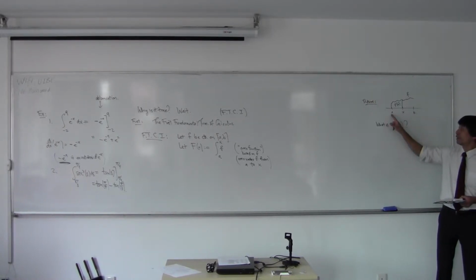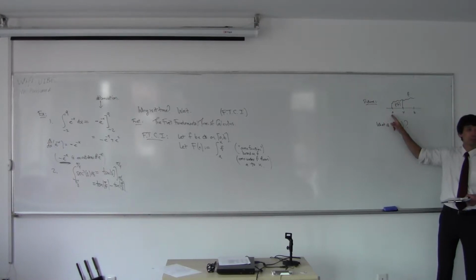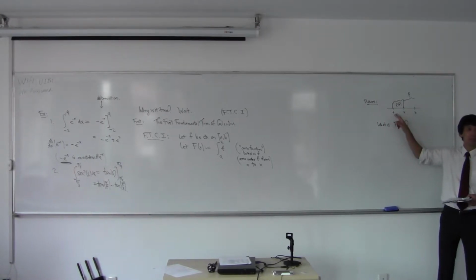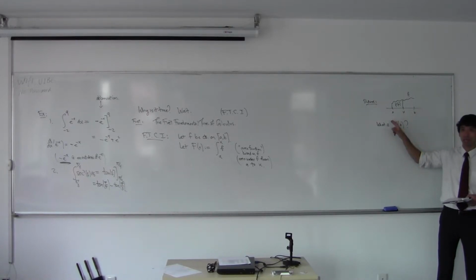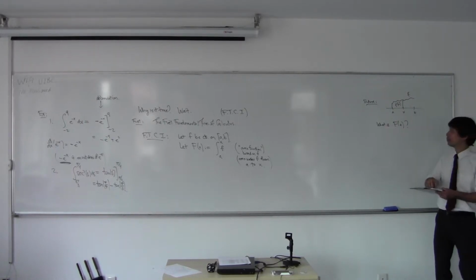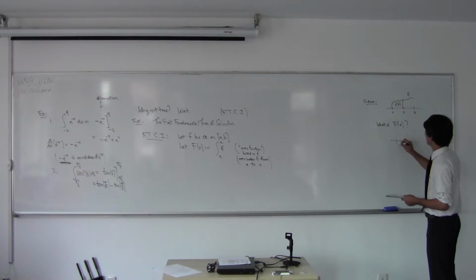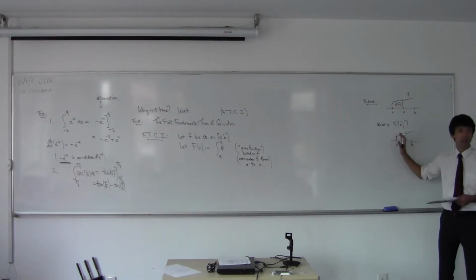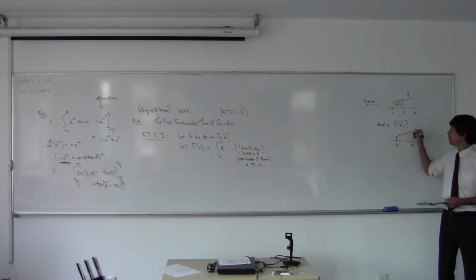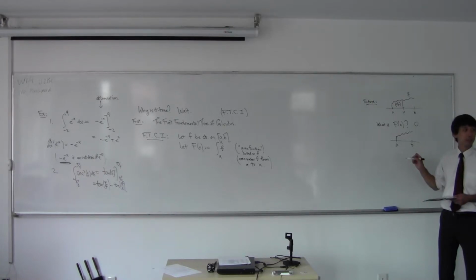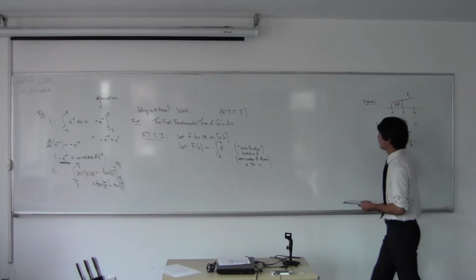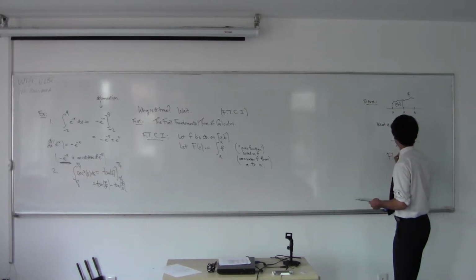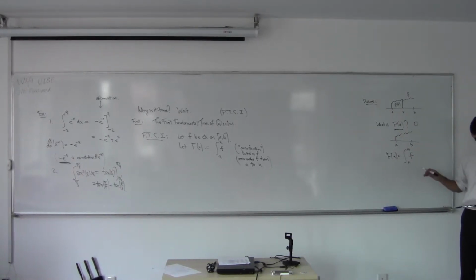Well, it'll be the area from A to A, which is just 0. There is no area from A to A. Big F of A is the integral from A to A of little f, but that's just 0.